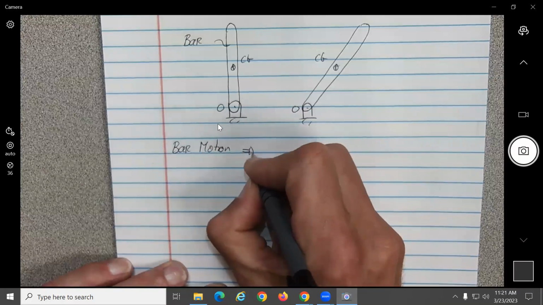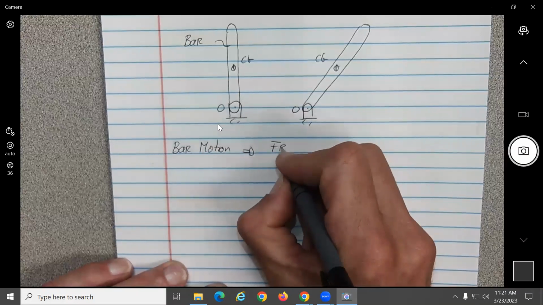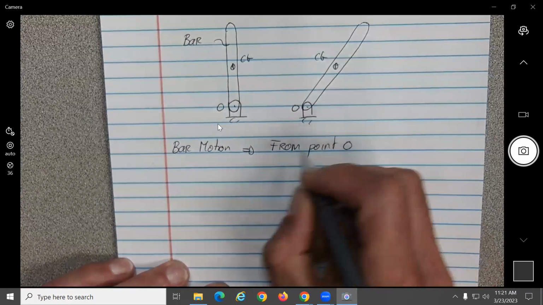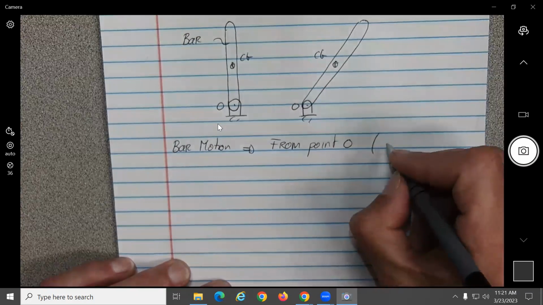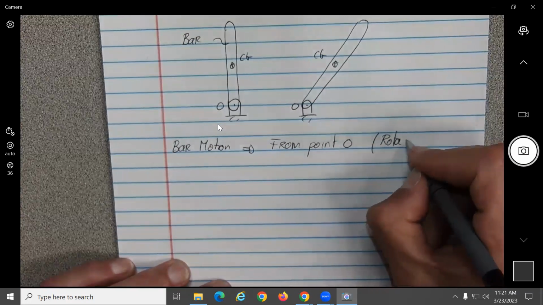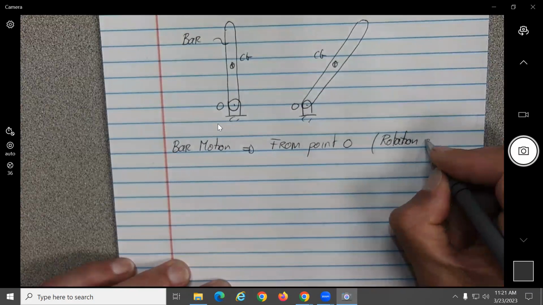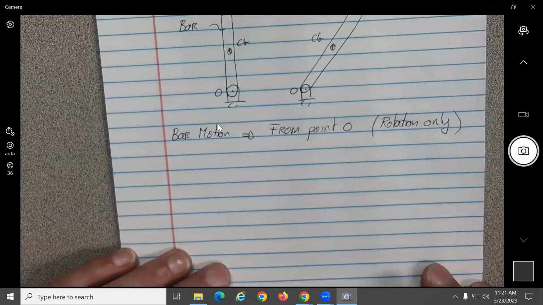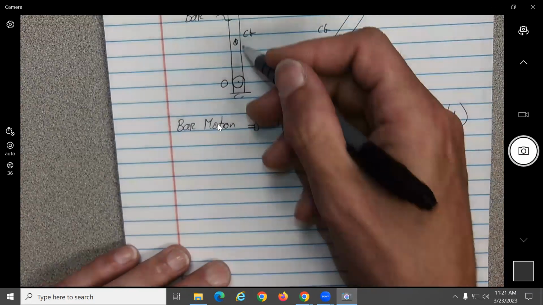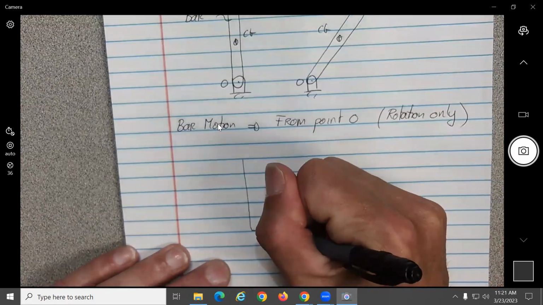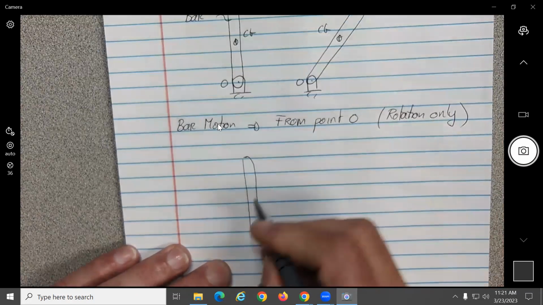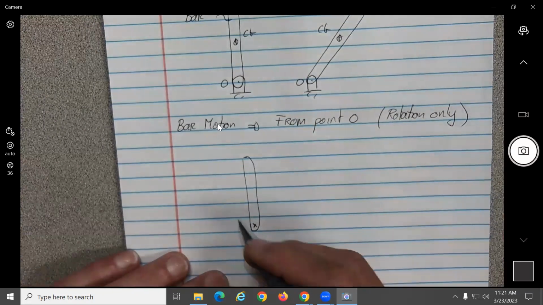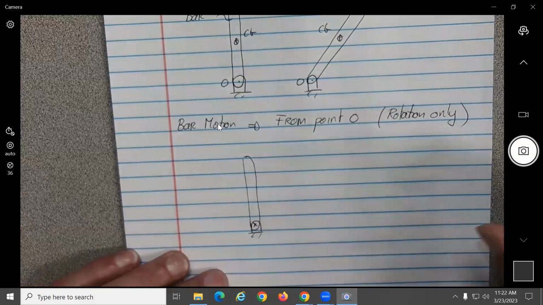So the way I want you to do it is, let's say, from point O, we say it is rotation only. Correct? So for example, let's say I look at this one, it would be easier to look at it. All right, so at point O, you can remove the hole if you want or not, but I don't think I ever remove it, okay, but you can remove it if you want.